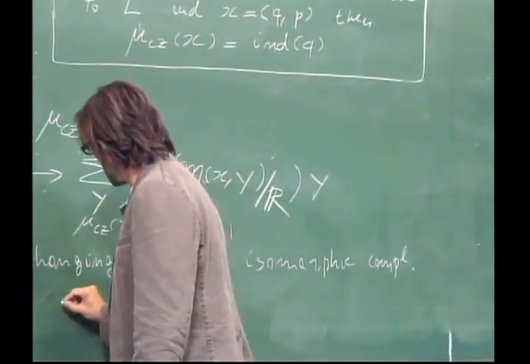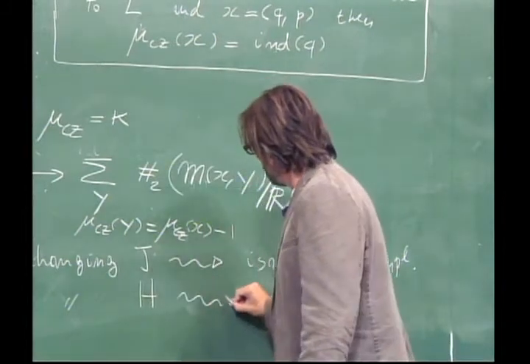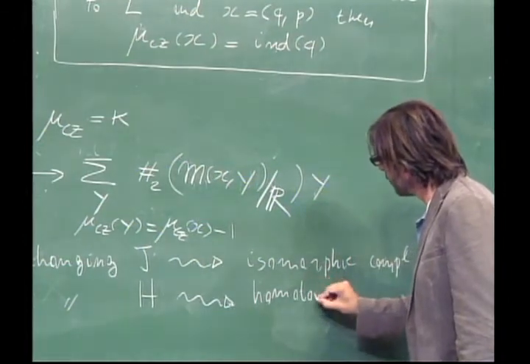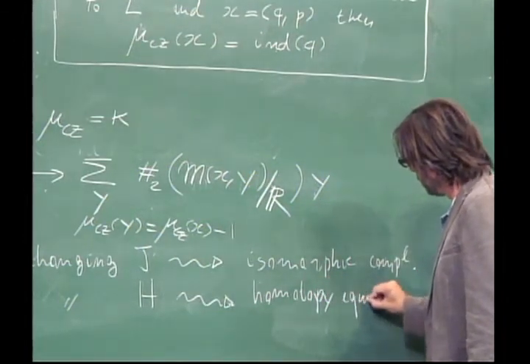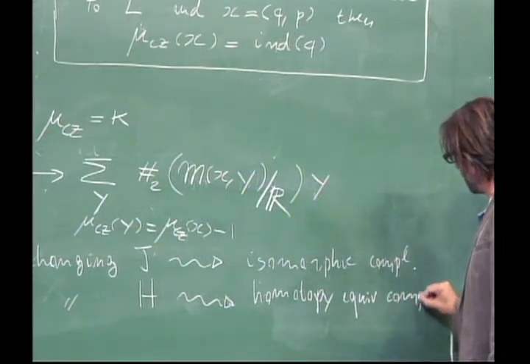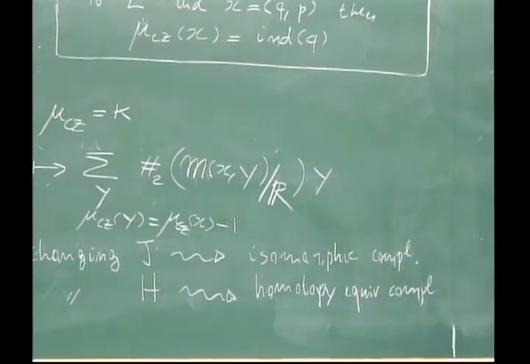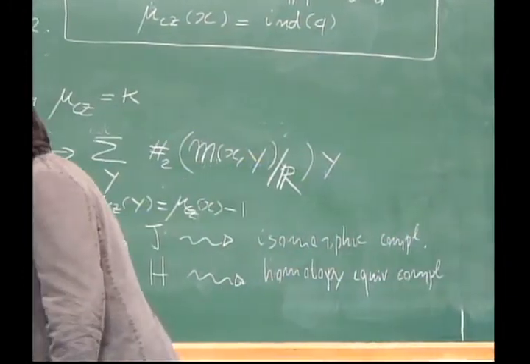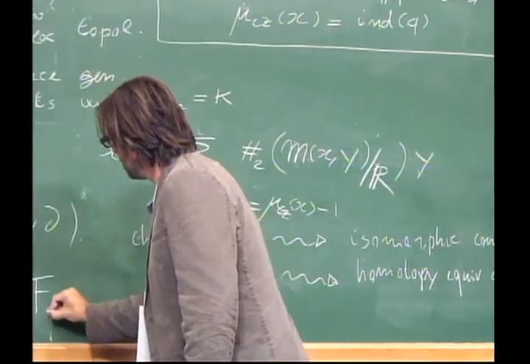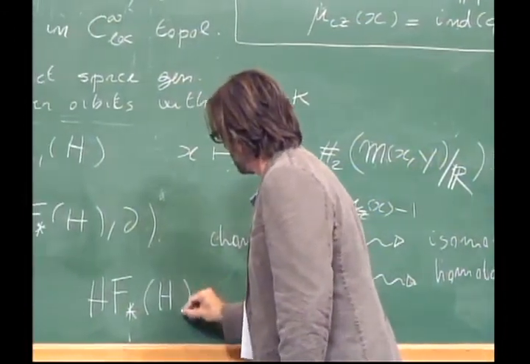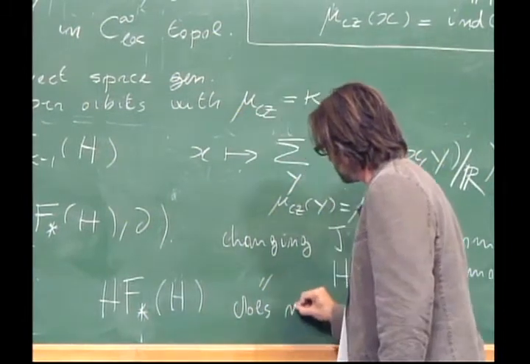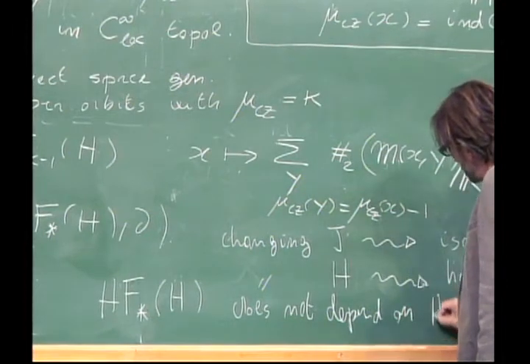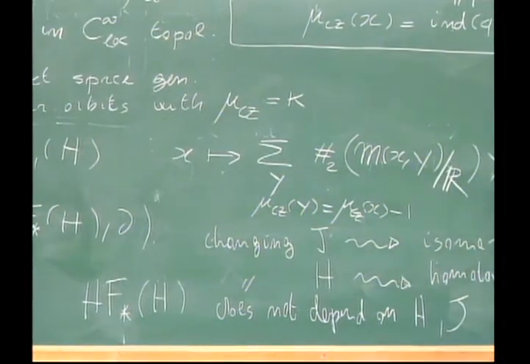And if instead you also change the Hamiltonian, you get homotopy equivalent complexes. So in both cases, at the level of homology, you get an isomorphism. So the Floer homology, the homology of this complex, does not depend on H and J in these classes.